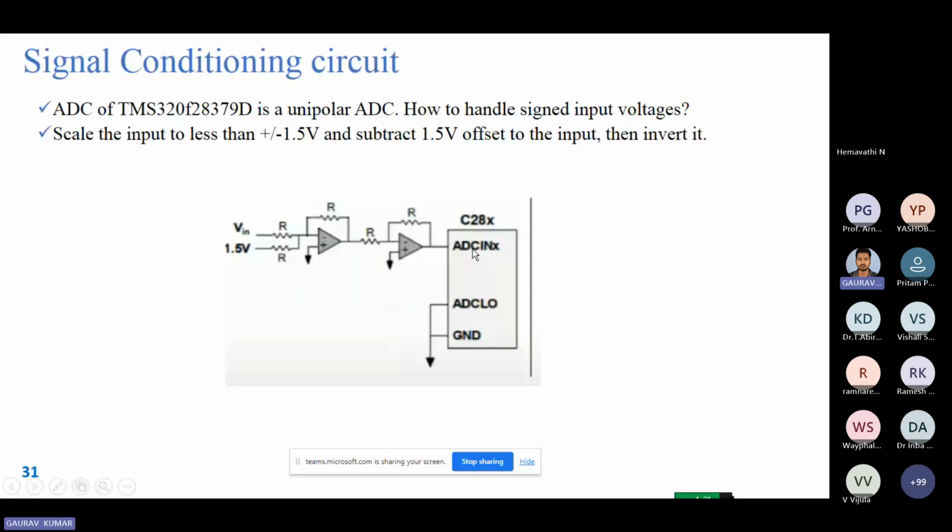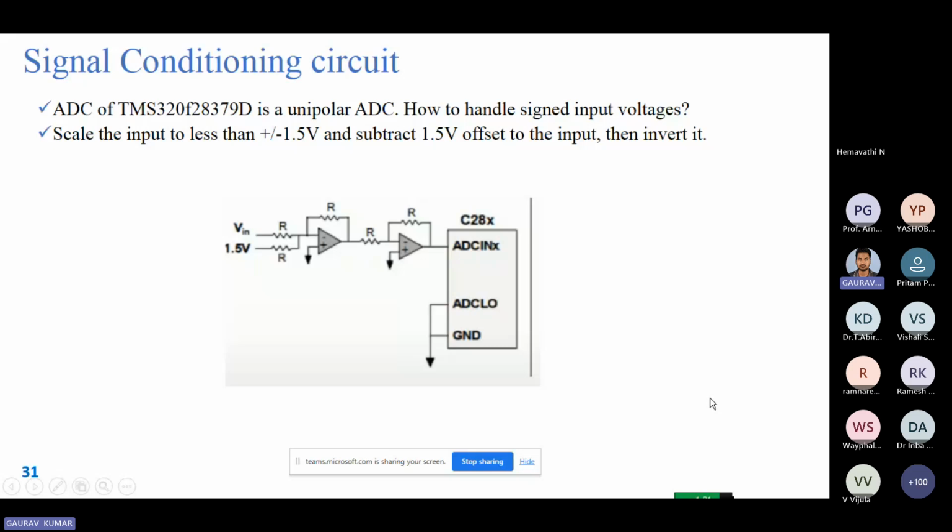With the next slide, new conditions. Each ADC pin actually takes only unipolar voltages.